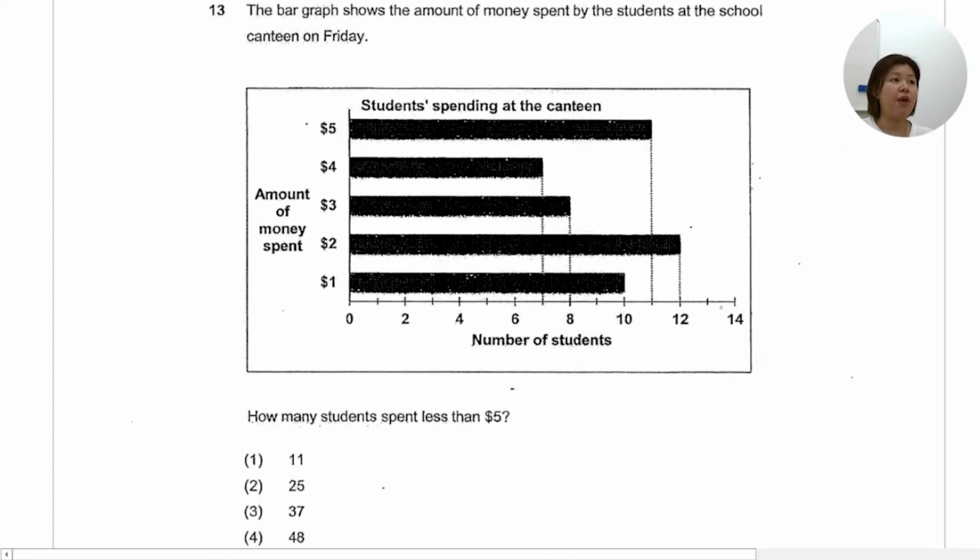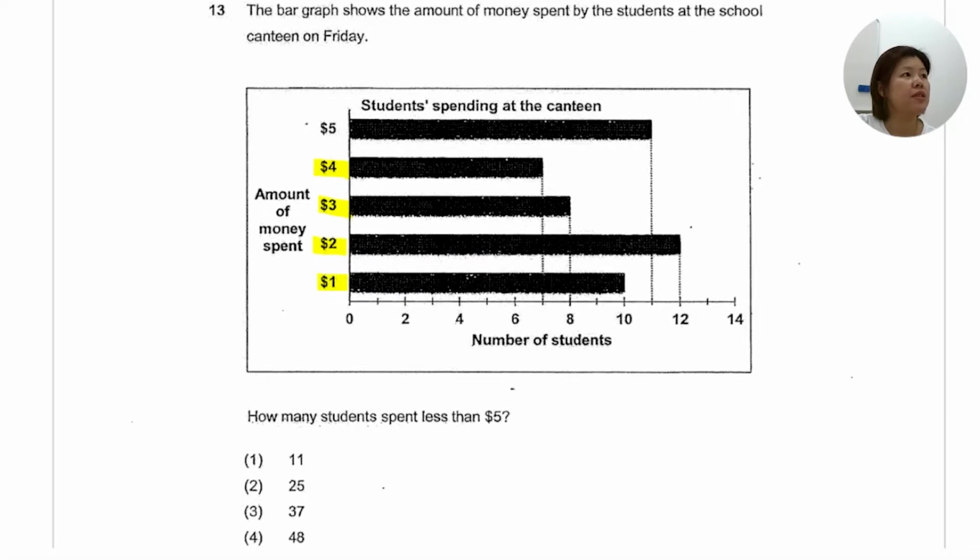Next, number 13, graph. The bar graph here shows the amount of money spent by the students at the school canteen. How many students spend less than $5? So less than 5 is $4, $3, $2, and $1.